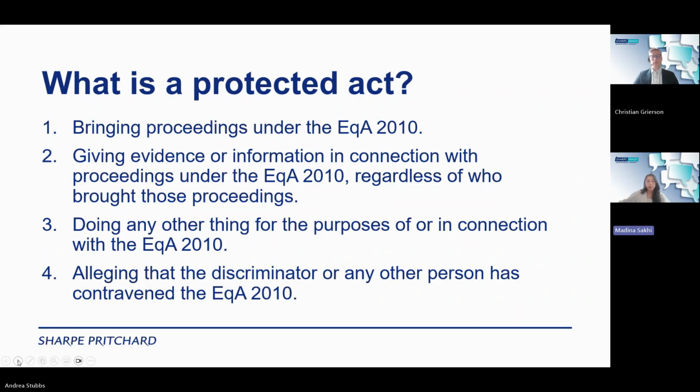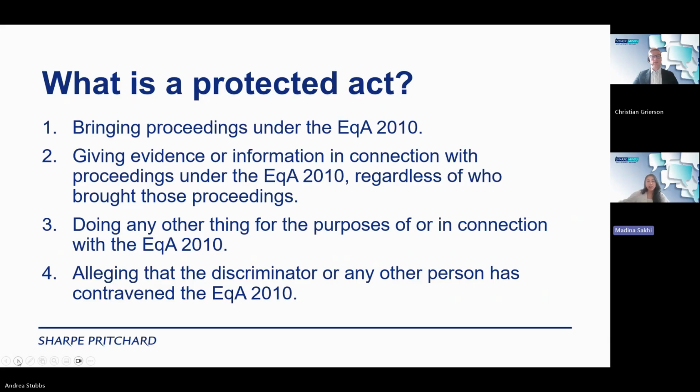Another example, a second section, is giving evidence or information in connection with those proceedings, and that applies even if the individual isn't the one who brought the claim. Thirdly, doing anything else in connection with the Equality Act, and it's important to note that this is a catch-all. This could include things like raising concerns informally or supporting a colleague.